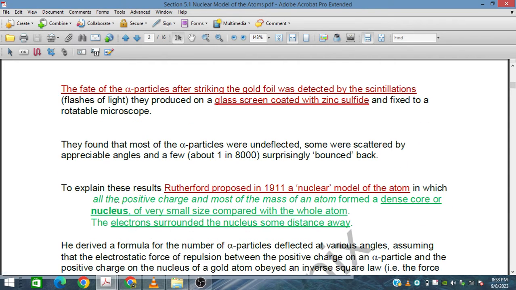With his experiment, he described that all the positive charge and most of the mass of an atom form a dense core, or nucleus, of very small size compared with the whole atom, and the electrons surround the nucleus some distance away. This was the Rutherford model.